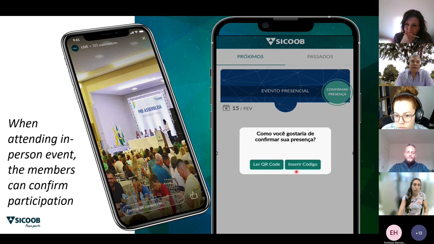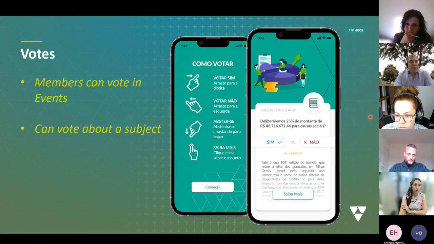When in the event the person says, "the code to confirm participation is the number X," the people put in the X and confirm their participation in the event.